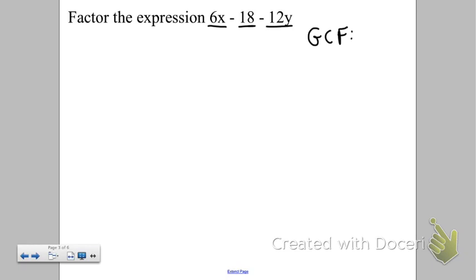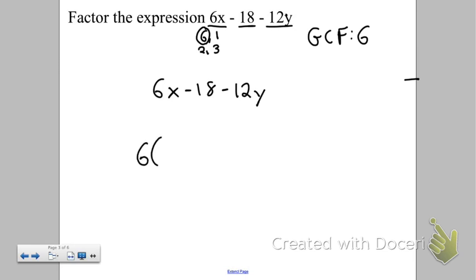When finding the greatest common factor, I like to start with the smallest number, the 6. The factors of 6 are 6, 1, 2, and 3. I'm going to pick the largest, 6. 6 goes into 6, 6 goes into 18, and 6 goes into 12. So my GCF is 6.